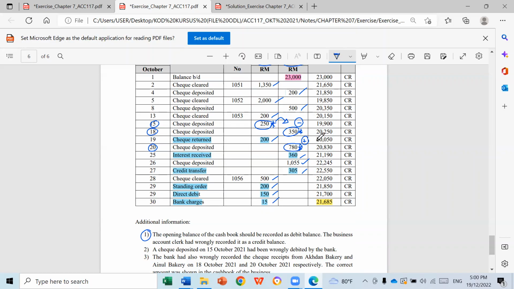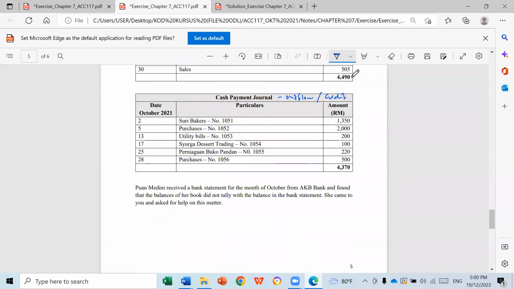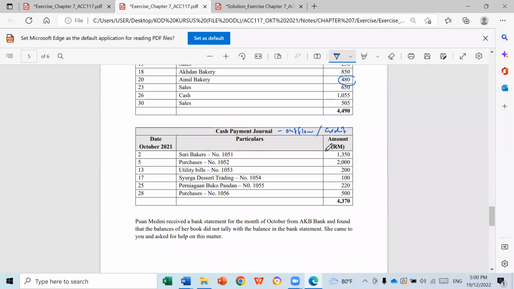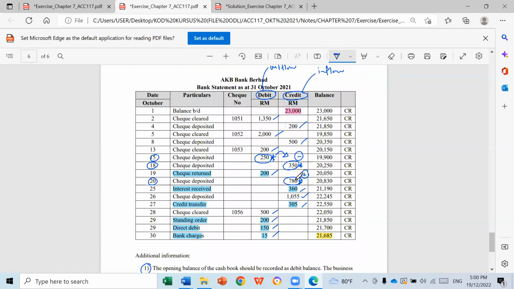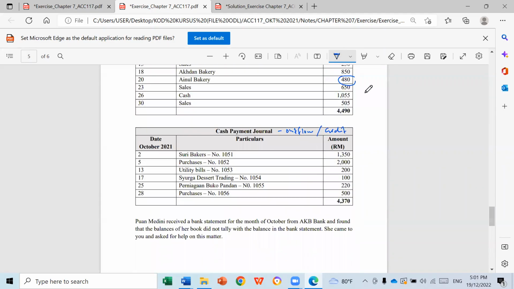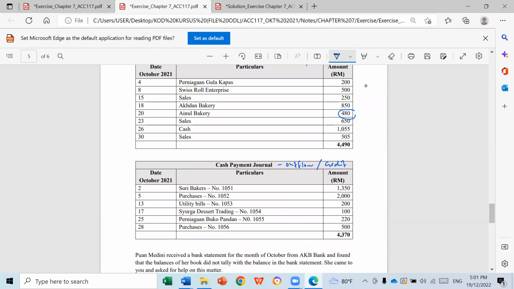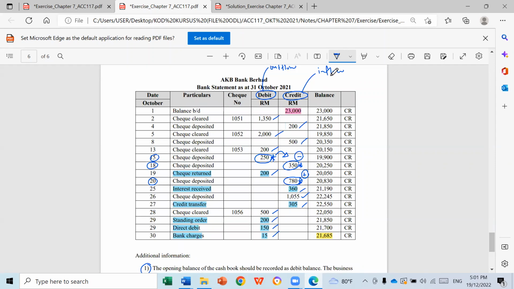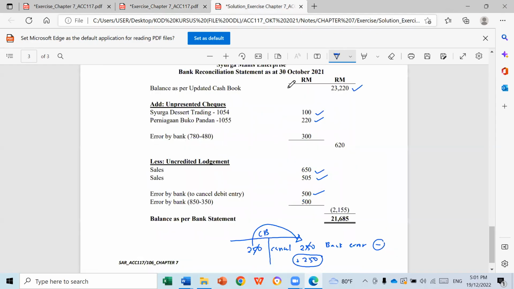So from 480, we have to add another 300 to become 780. And as for Afdan, from 850 just now, we have to minus another 300 to become 350. So this is how we prepare for the answer.